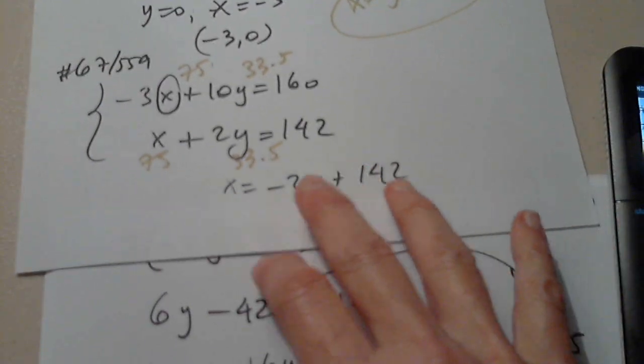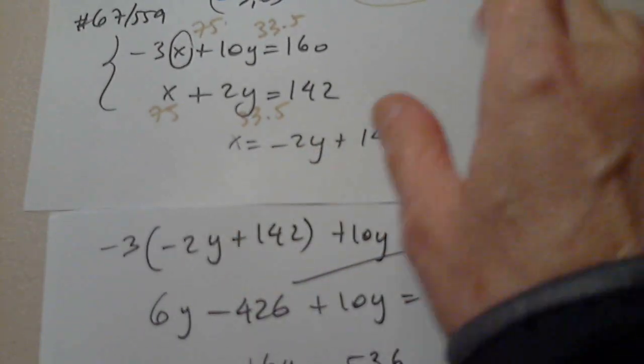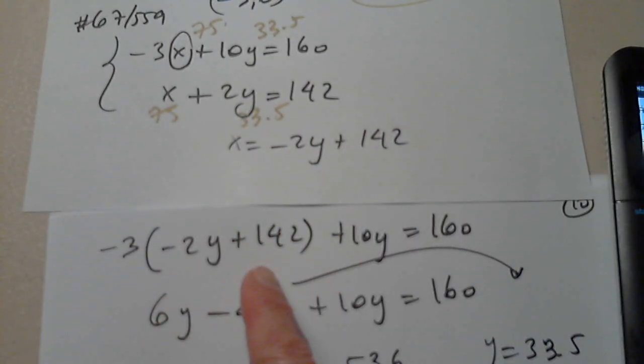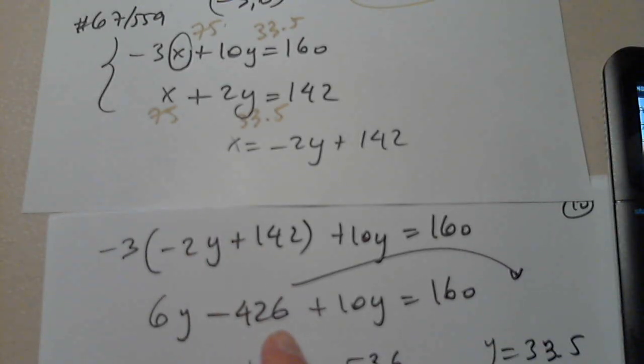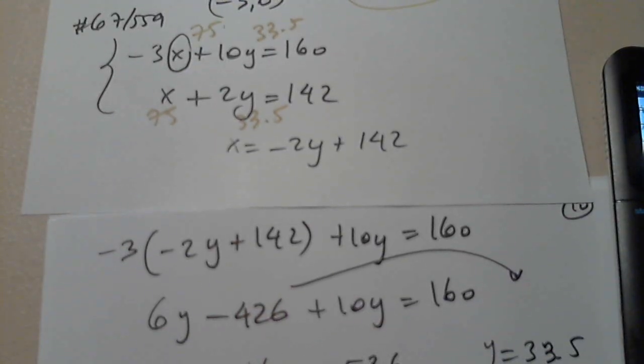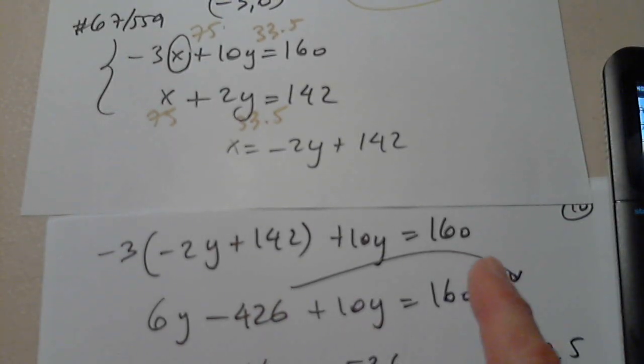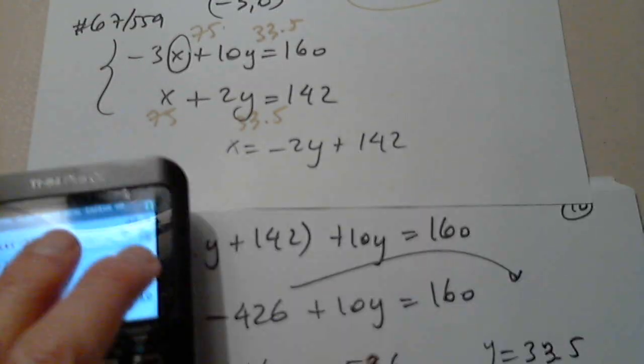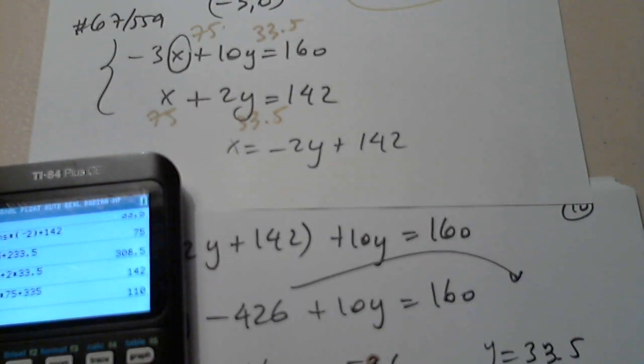I did something. So let's see what I did. 426 plus 160 is 586. Yep. Got it.